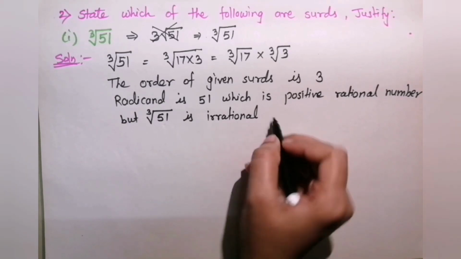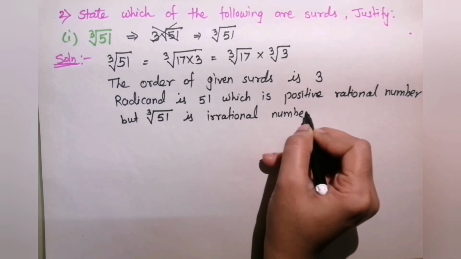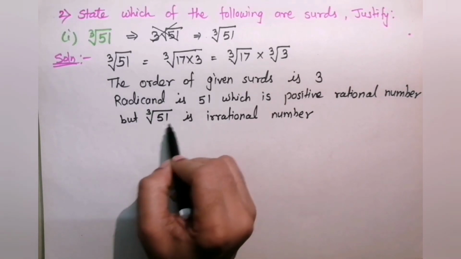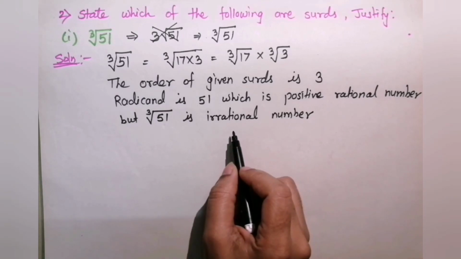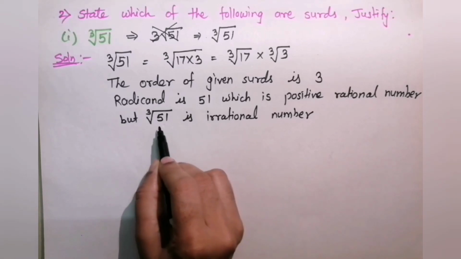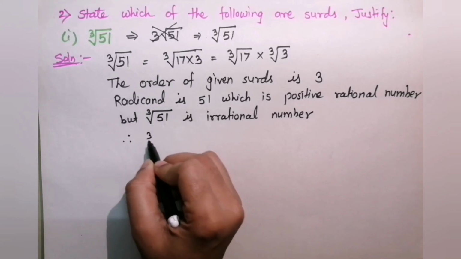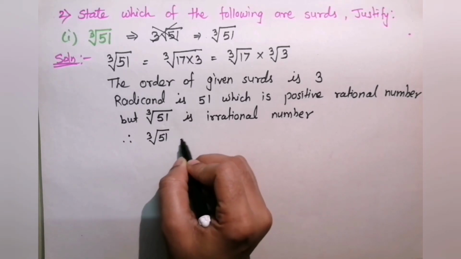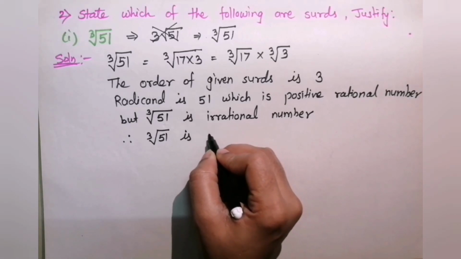Which is an irrational number. Therefore cube root of 51 is a surd. In the definition we understood that every irrational number is a surd. Therefore cube root of 51 is a surd.